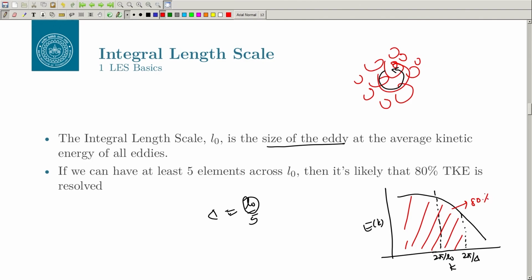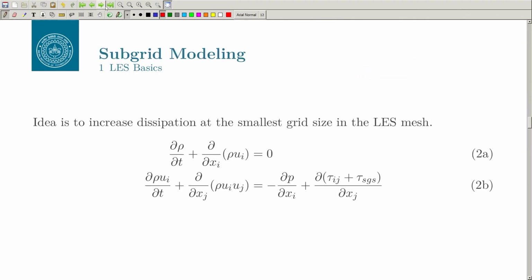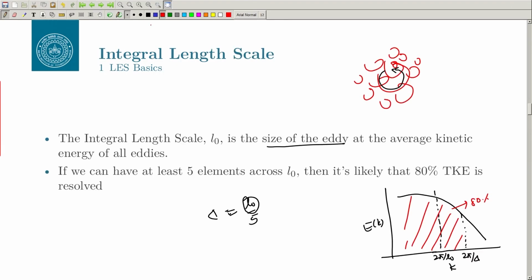Now, you know the definition of L naught. If you use any model, k epsilon or k omega, you have the definition of L naught, and we have discussed that in the last class, because your eddy viscosity is basically the multiplication of u naught cross L naught.